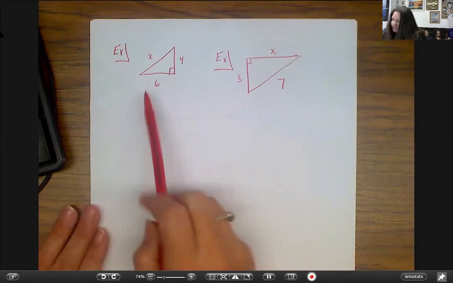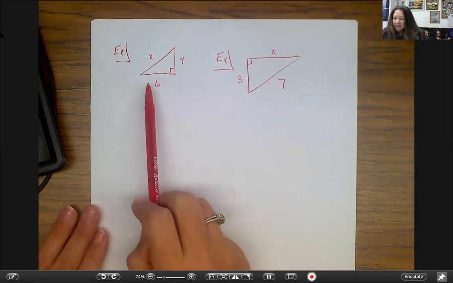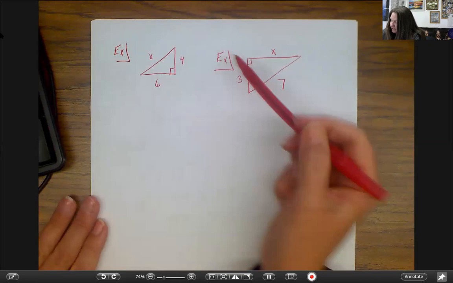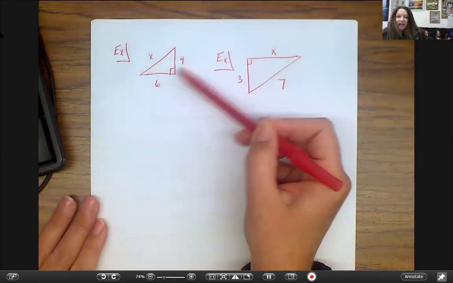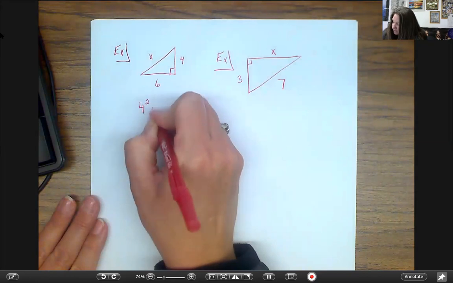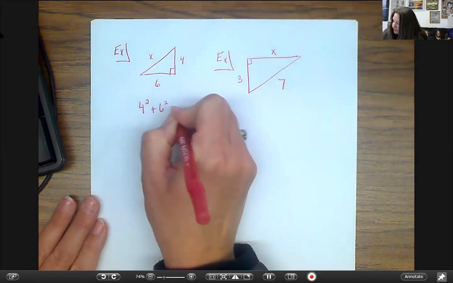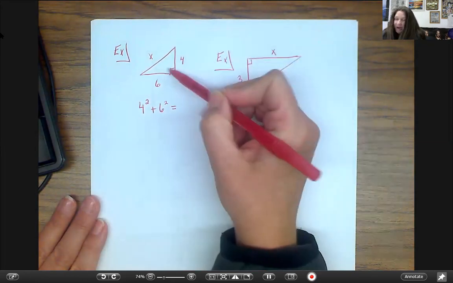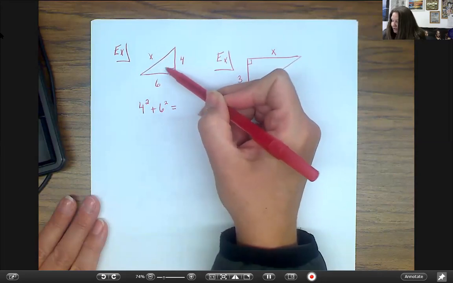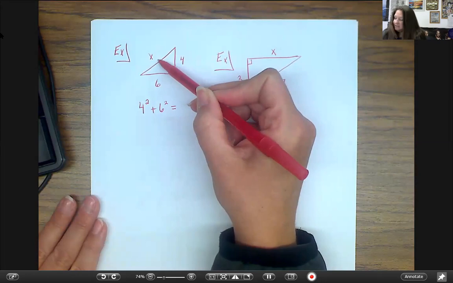So if I were to look at this triangle, right away we see the right angle. So we have a right triangle. So the two sides of that right triangle are the legs. So this would be 4 squared plus 6 squared equal to the hypotenuse. And I should recognize that the hypotenuse is directly across from that right angle. So here it's labeled x.